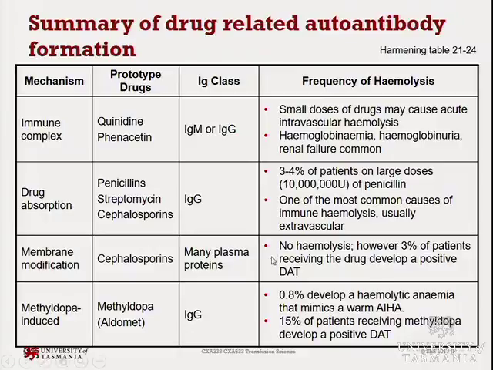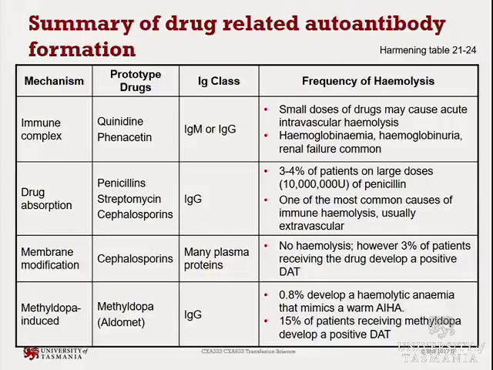And we'll learn in transfusion next semester that the drug-related autoantibodies forming a positive direct antiglobulin test are a real pain, because the way you identify the antibody that's causing the sensitisation or the immune reaction is you elute it off the red cell, so you can remove the antibody from the red cell and then identify it.